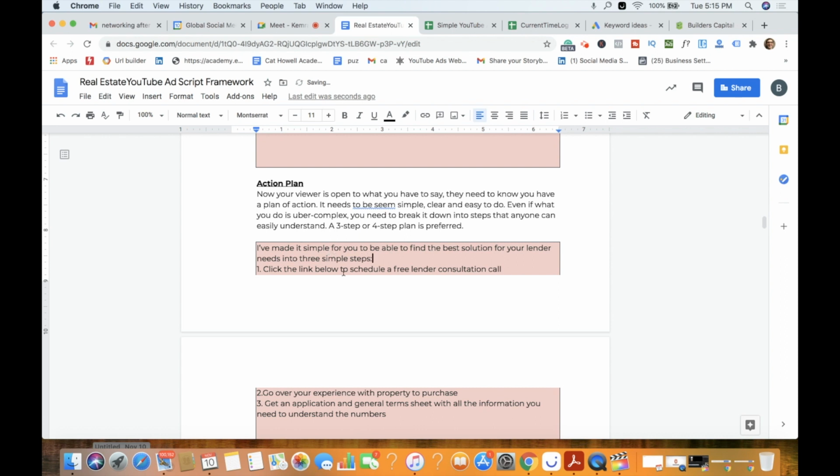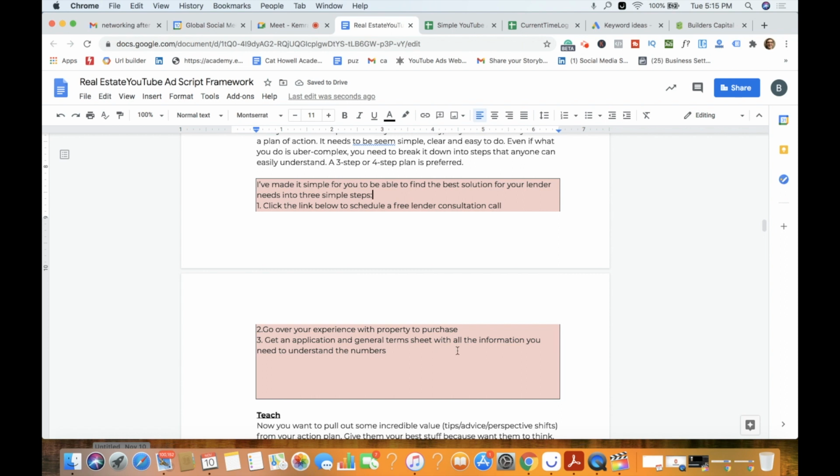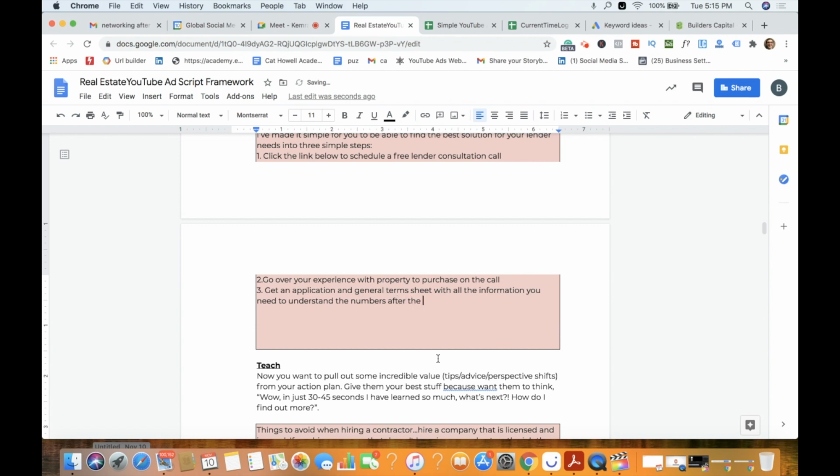And then you read those off. Click the link, go over the experience with your property purchase on the call, and then get an application and general term sheet with all the information you need to understand the numbers after the call.